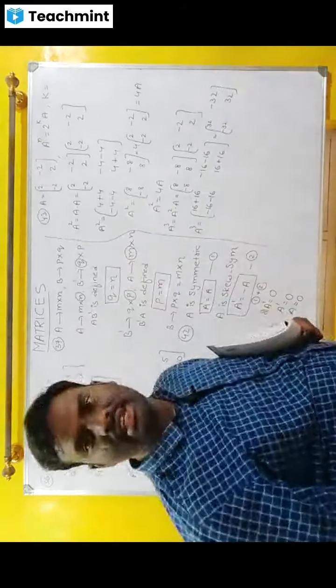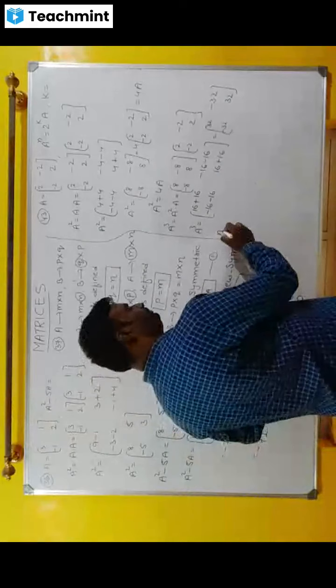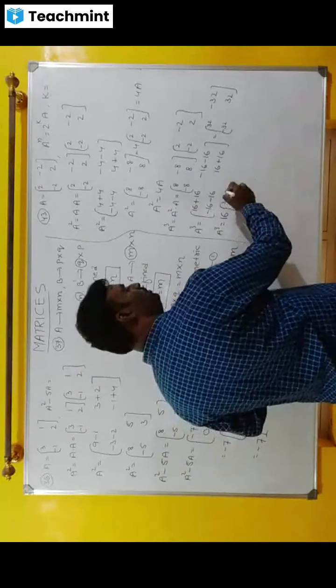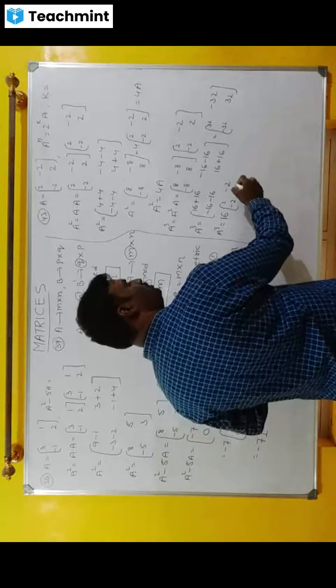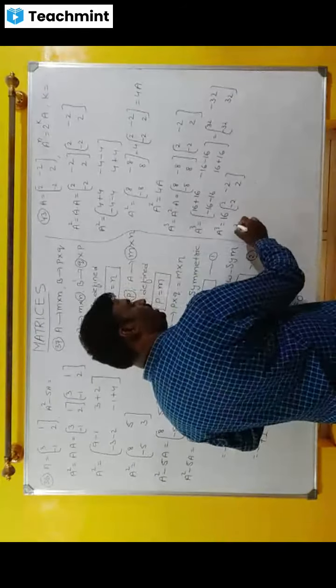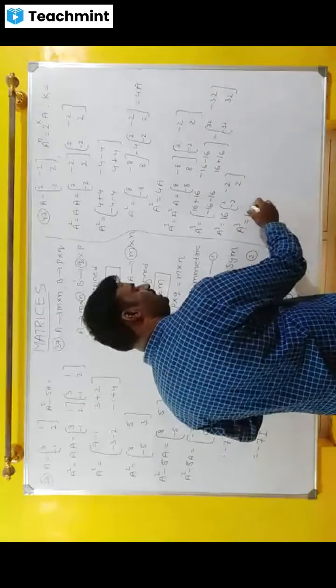I'll take 16 common in this. Then what is remaining? [2, -2; -2, 2], that is nothing but A. Then A cube is equal to 16A.